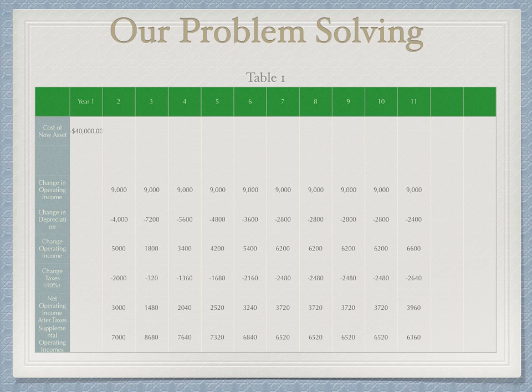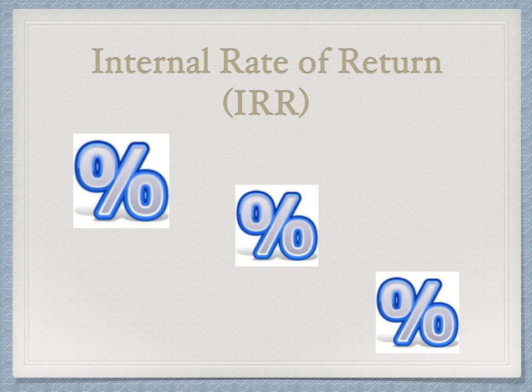These are what we're going to use in a couple of slides to calculate the IRR, which we will discuss further. But this graph right here shows that we were able to calculate the supplemental operating incomes, which we needed first in order to continue to solve the problem.